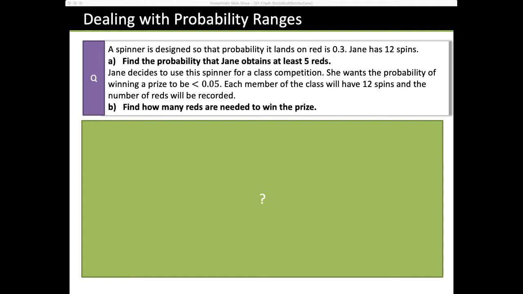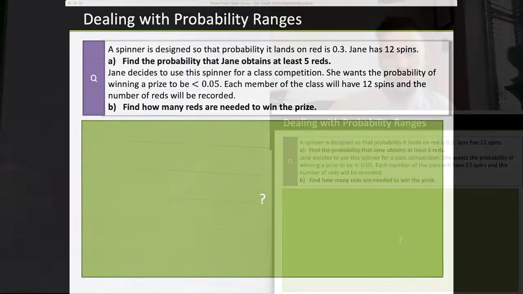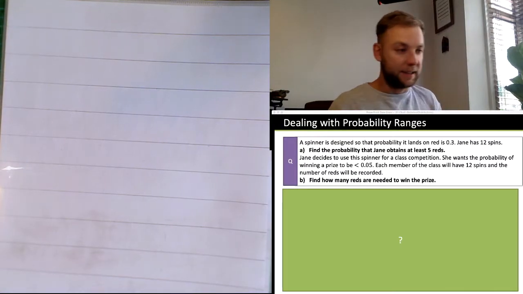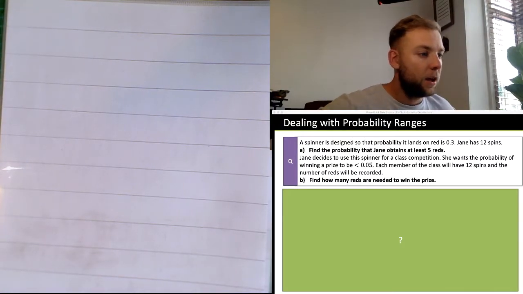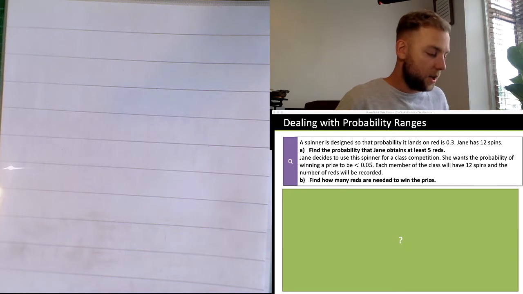She wants the probability of winning a prize to be less than 0.05. Each member of the class will have 12 spins, and the red numbers will be recorded. How many reds are needed to win the prize? So the first part's pretty easy. We know how to deal with that. Let's do that one first.